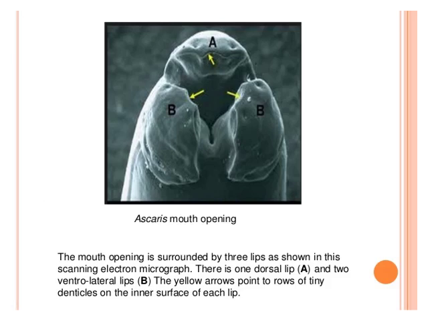So this mouth is surrounded by 3 lips. In this scanning electron micrograph, there is 1 dorsal lip and 2 ventrolateral lips. The yellow arrow points to rows of tiny denticles on the inner surface of each lip. So there are minute teeth-like structures inside the lip.